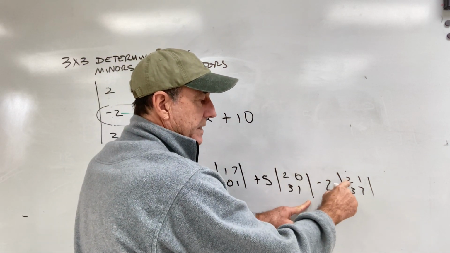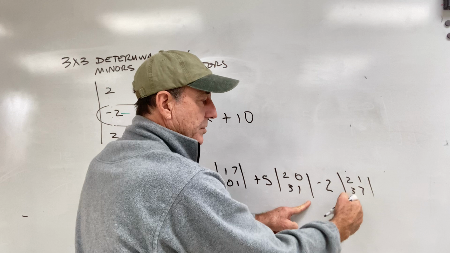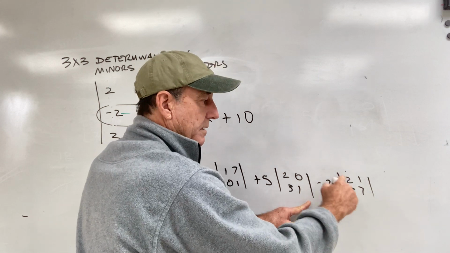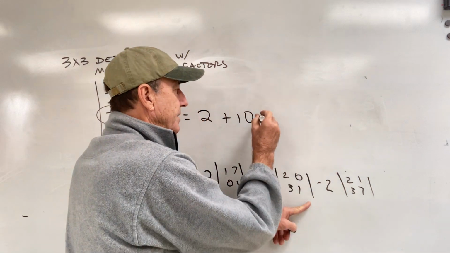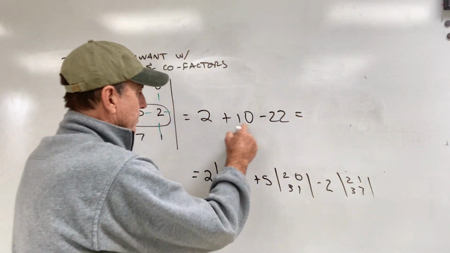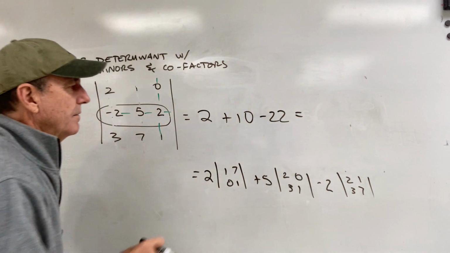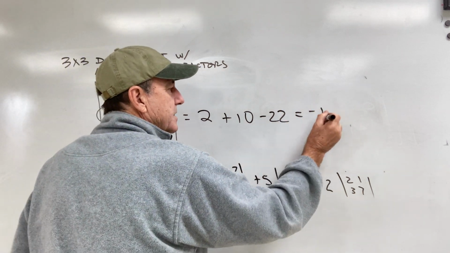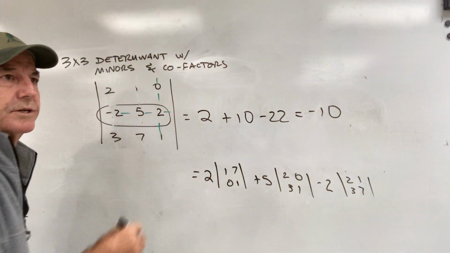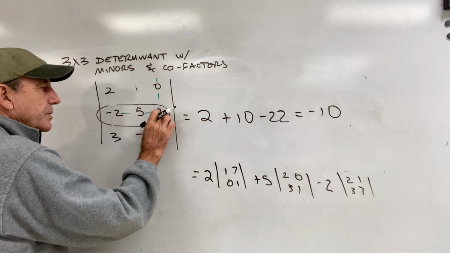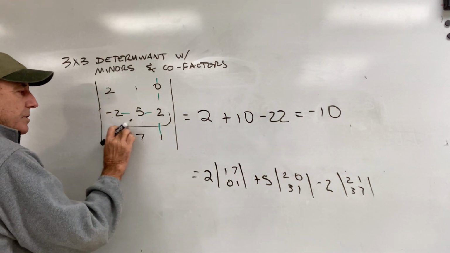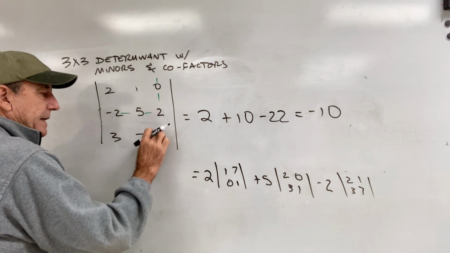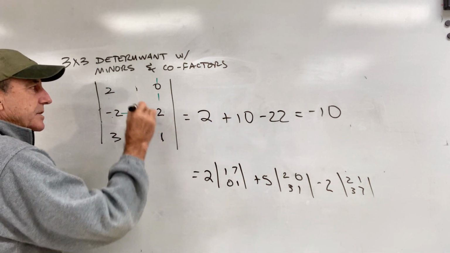And this is 14 minus 3, which is 11, and negative 2 times 11 is minus 22. So what do we have here? We've got 12 take away 22, minus 10. That's the value of this determinant. If we were to do this by the rule of Sarrus, and you might want to try that on your own, then you should get minus 10.